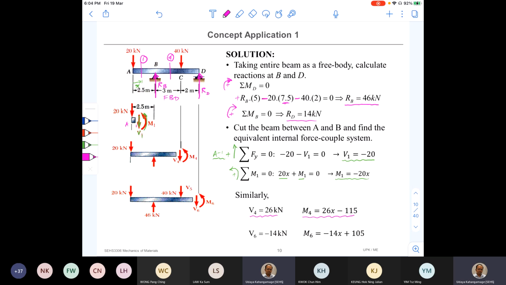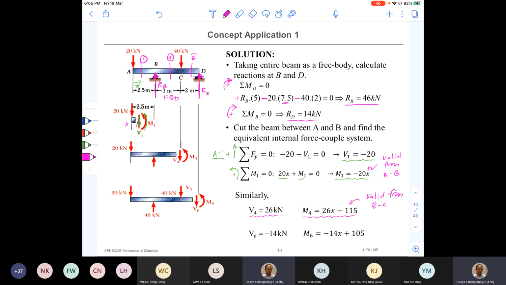This is the function of bending moment from B to C. This is valid from B to C, and this one is valid from A to B only.